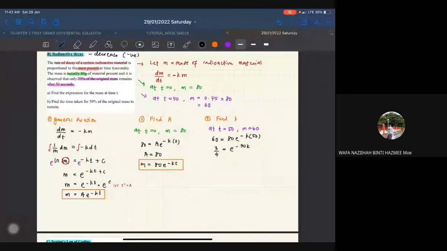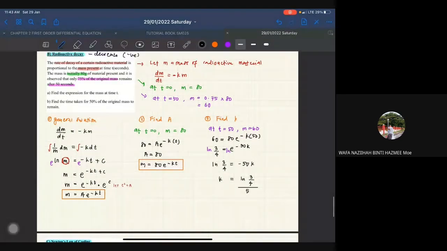Okay, so kita letak ln kat both sides sebab kita nak hilangkan exponential. We want to eliminate the exponential. So you will get ln 3 over 4 is equal to negative 50 K. Alright, so K is equal to ln 3 over 4 divide by 50.